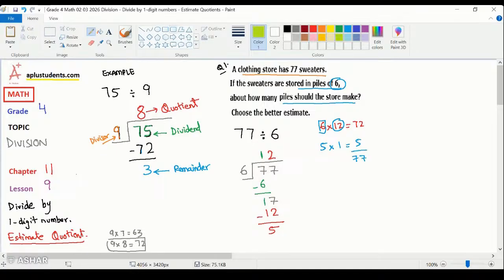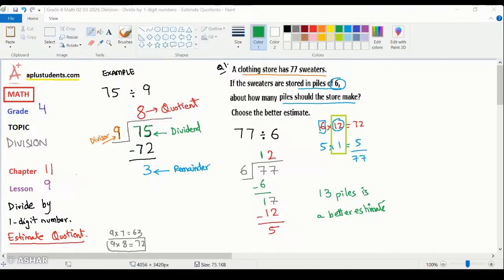How many piles would be used? 13 piles should be made. That is a better estimate because the remaining 5 were to be kept in a pile as well. Do we agree?